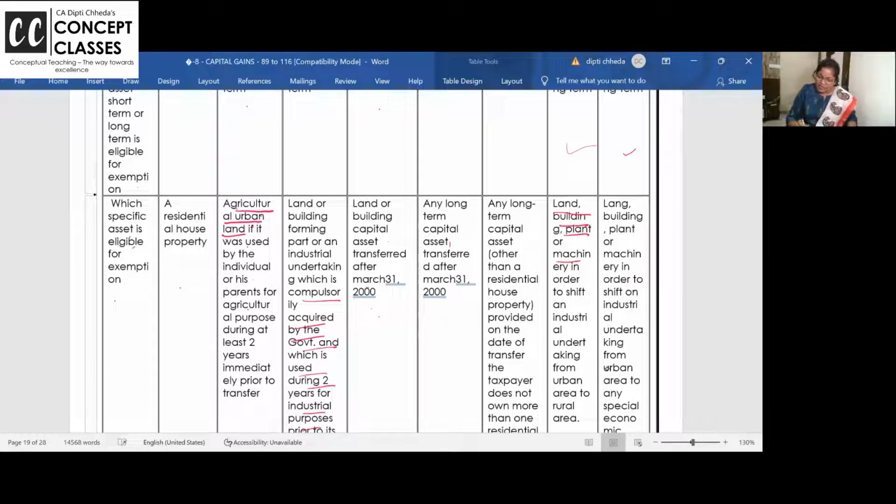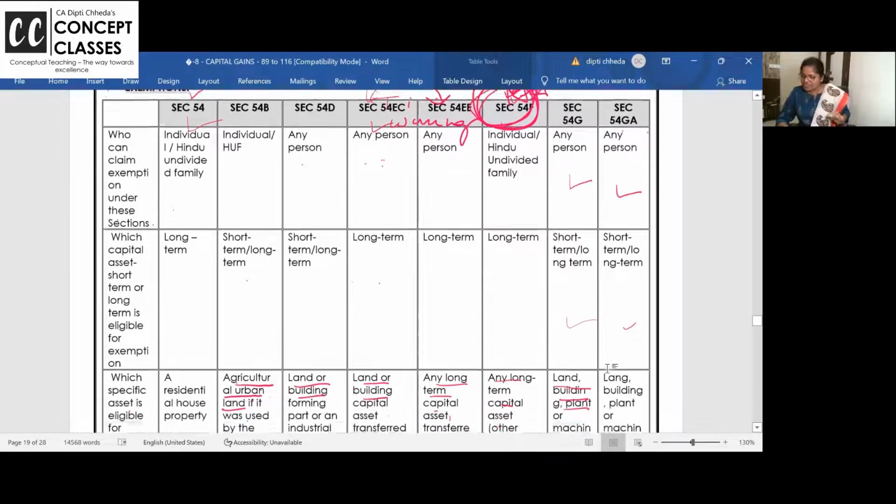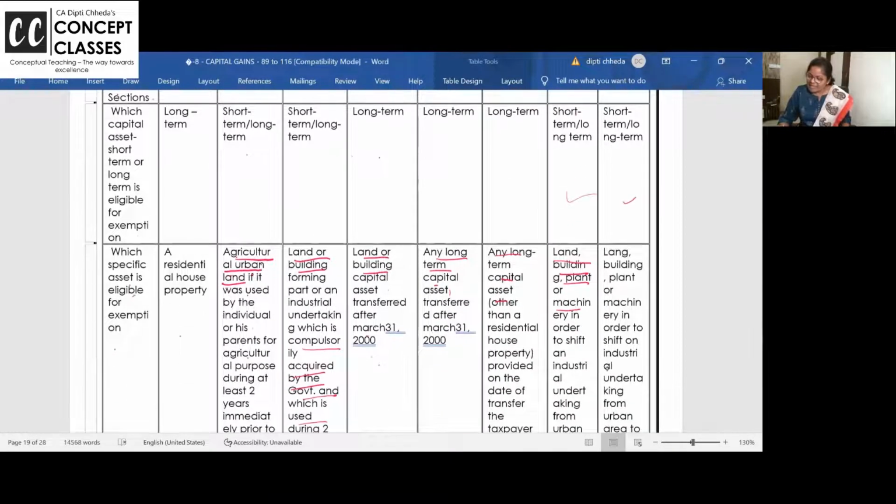Are you underlining the way I am underlining? Here you are selling land and building, here any long term capital asset, here any long term capital asset. So what are you selling in 54G, 54GA? Land, building, plant and machinery.